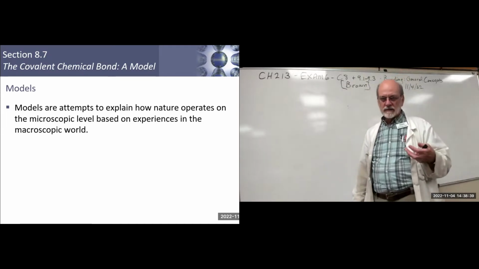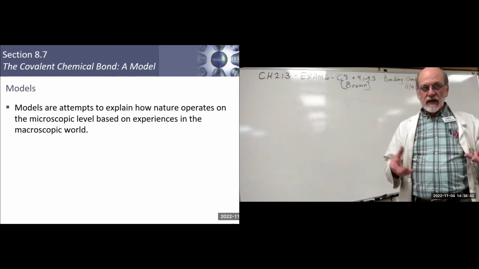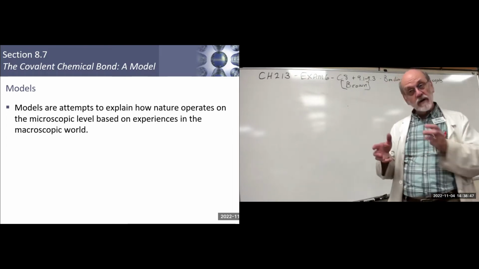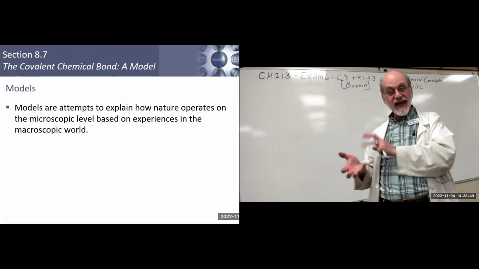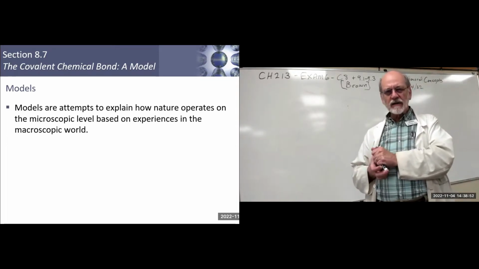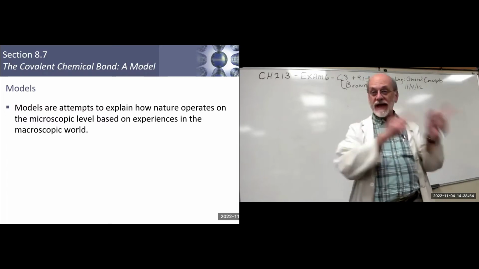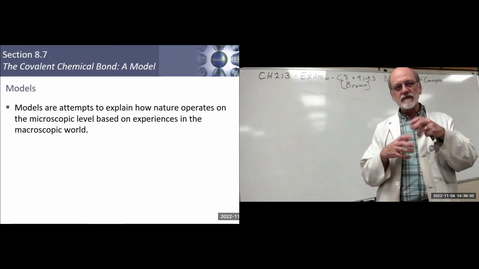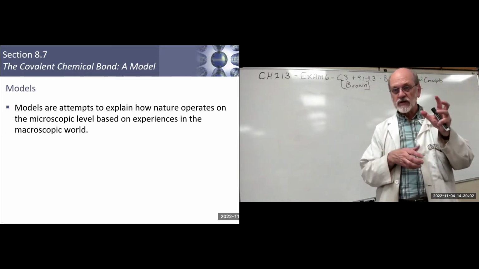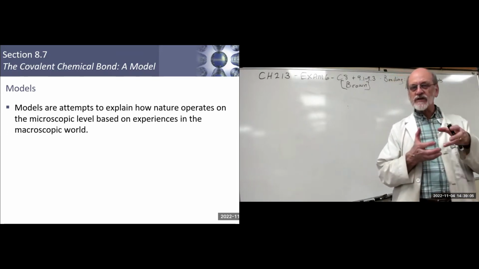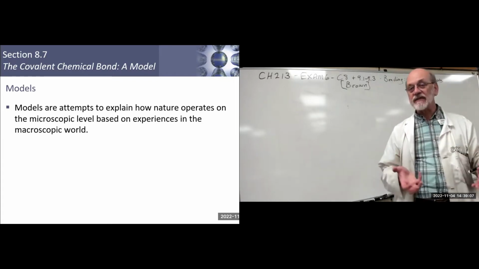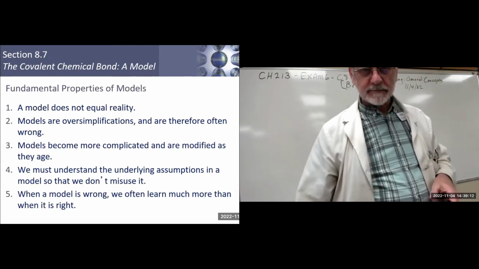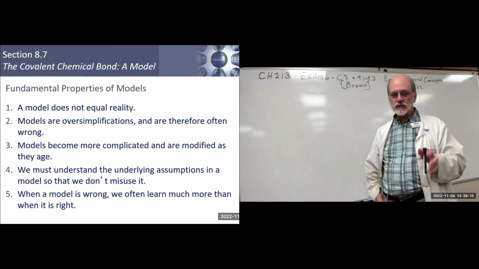A model in the sciences is an attempt to explain how this process works in reality. So the first rule is a model is not reality. A model is a microscopic picture, so to speak, that you create that tries to explain the macroscopic behavior of the system.